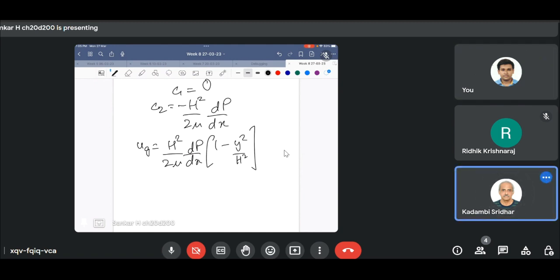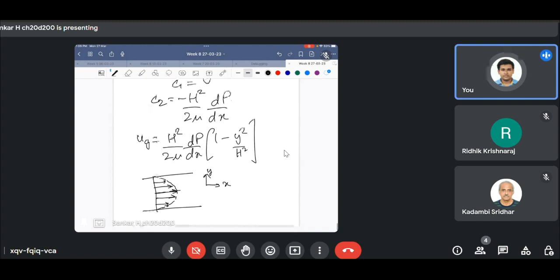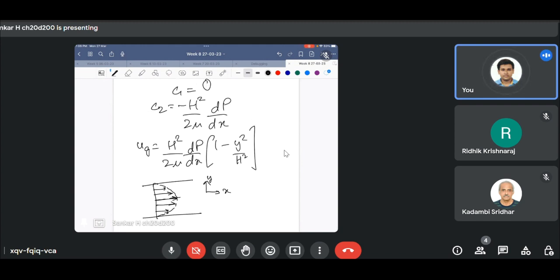This is 1D flow, a flow in the x direction as a function of the y coordinate. If this is x and this is y, I should get a parabolic profile here, where the magnitude of u is shown as the length of the arrows and the direction is represented by the arrows.